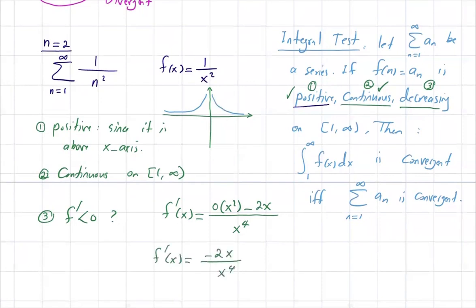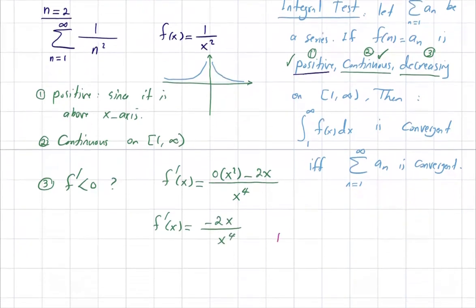Don't simplify this. Why is that? Because your denominator already has exponent 4, so this guy indeed is positive.